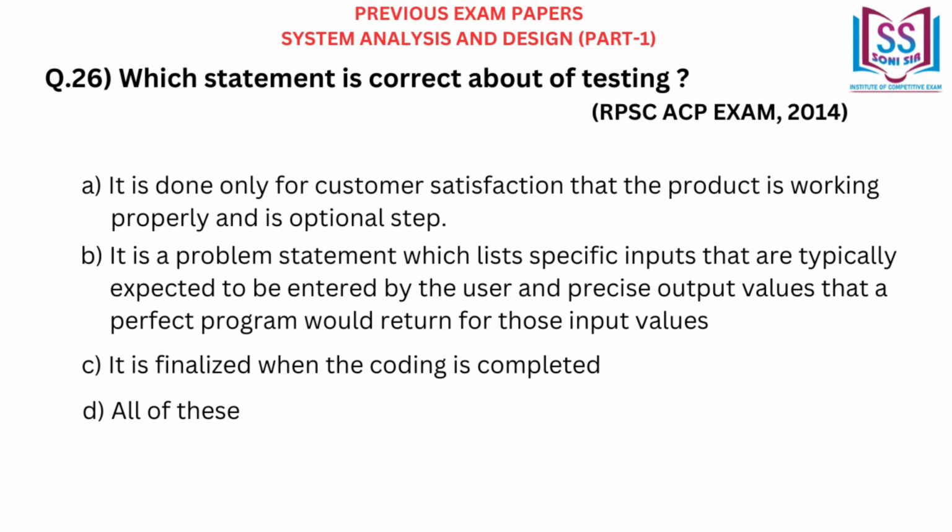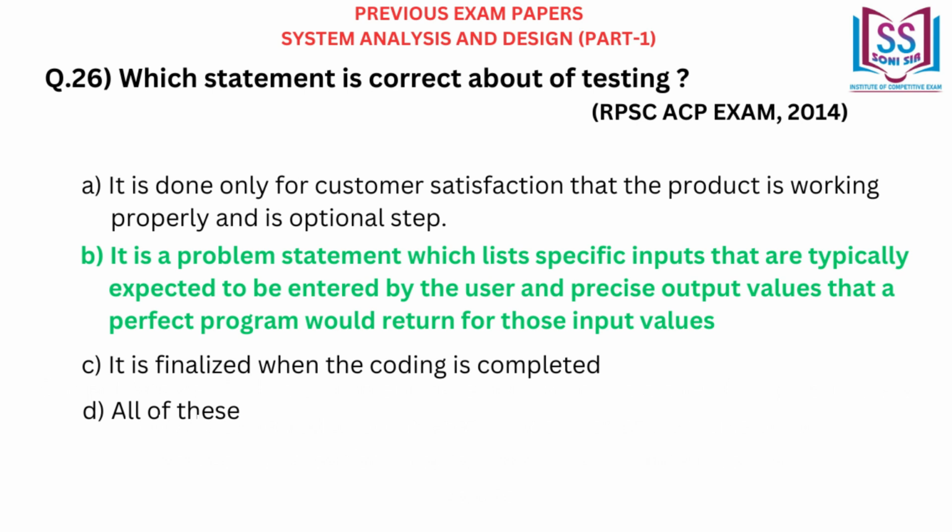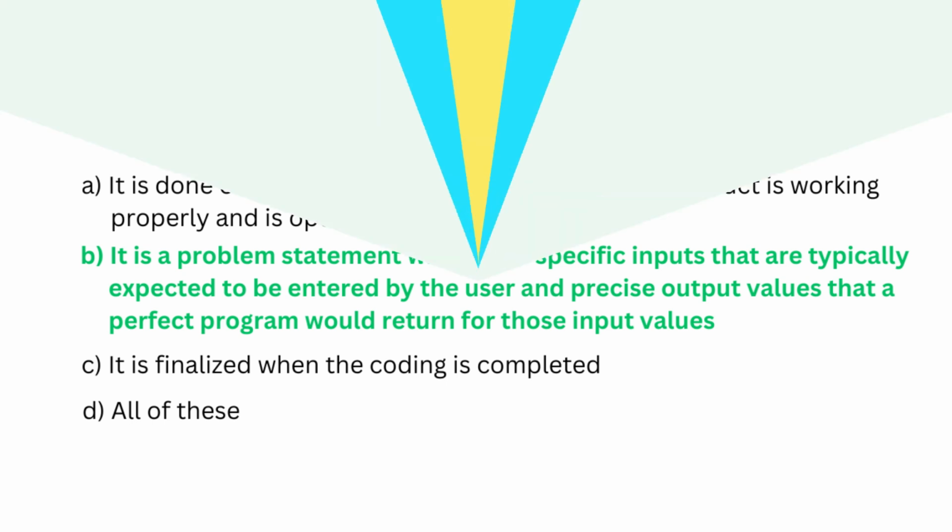C. It is finalized when the coding is completed. D. All of these. Correct answer B. It is a problem statement which lists specific inputs that are typically expected to be entered by the user and precise output values that a perfect program would return for those input values.